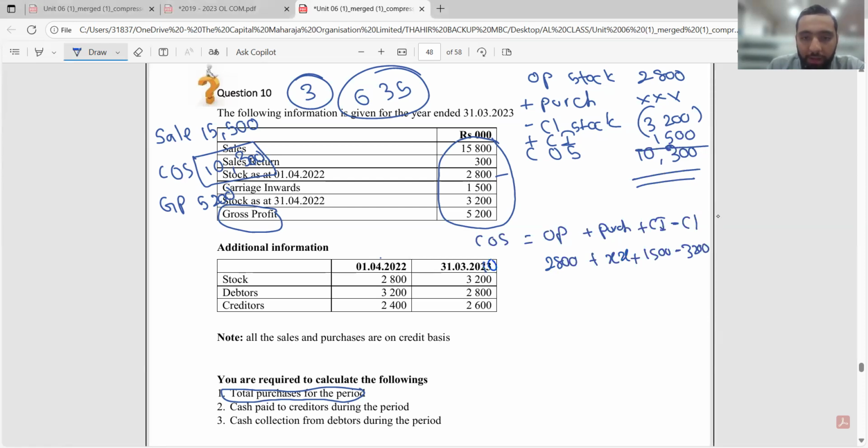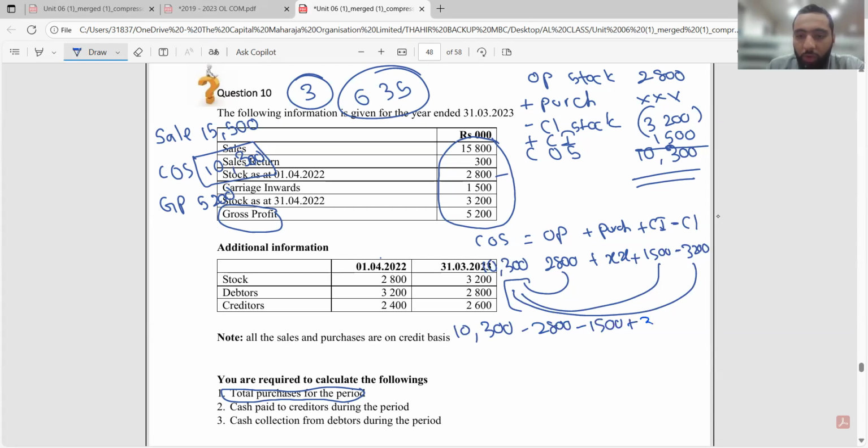Cost of sales is 10,300. Now what you should do? You take it to the other side. 10,300 minus 2,800 minus 1,500 plus 3,200. How much is this? I need quick answers. This is 9,200. So this is what purchases is. First one, the answer is done.